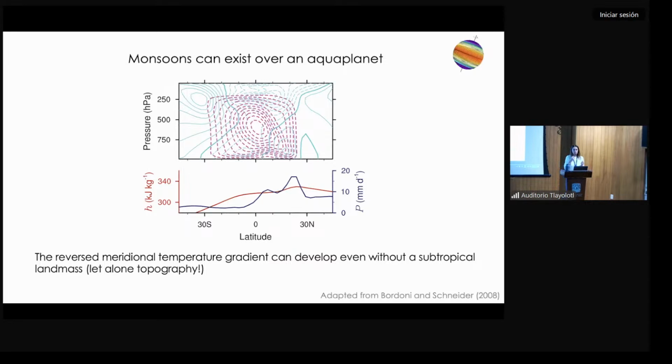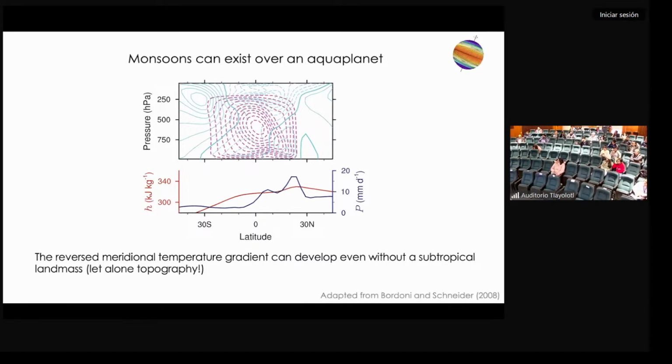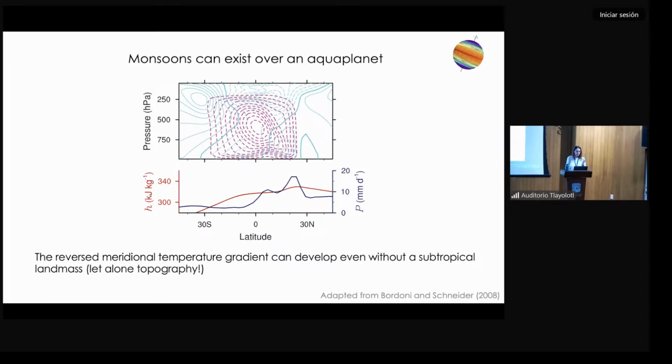But if we use, for instance, the Rossby number as one non-dimensional number, it gives us a hint as to where we can define the extratropics and where we can define the tropics. Large Rossby numbers correspond to tropical conditions on Earth, and again, more or less 30 degrees is the size of the tropics.